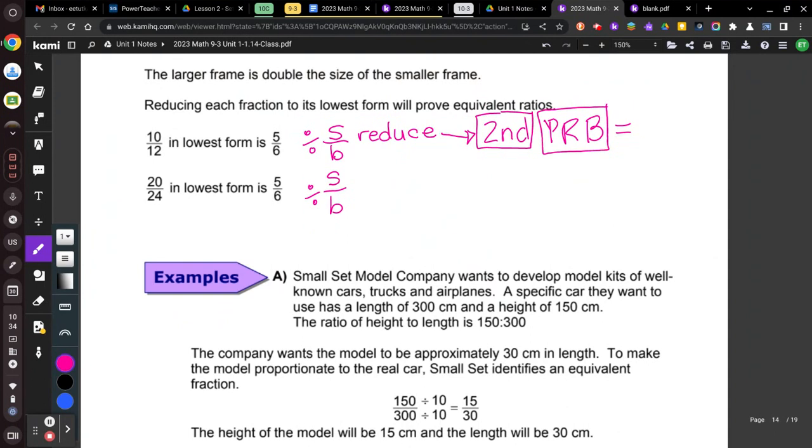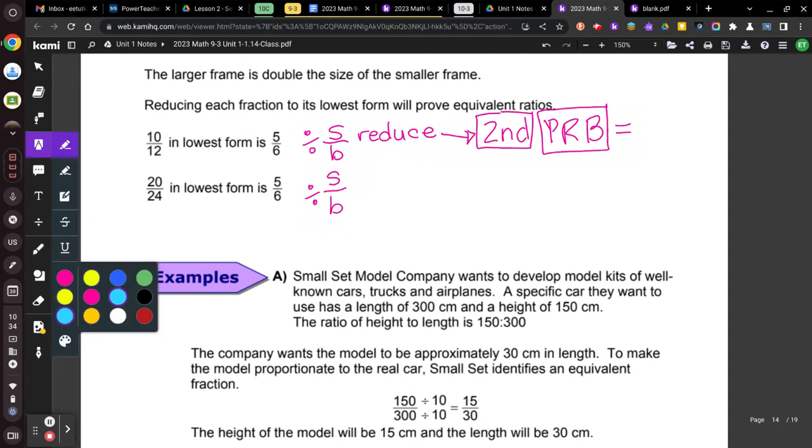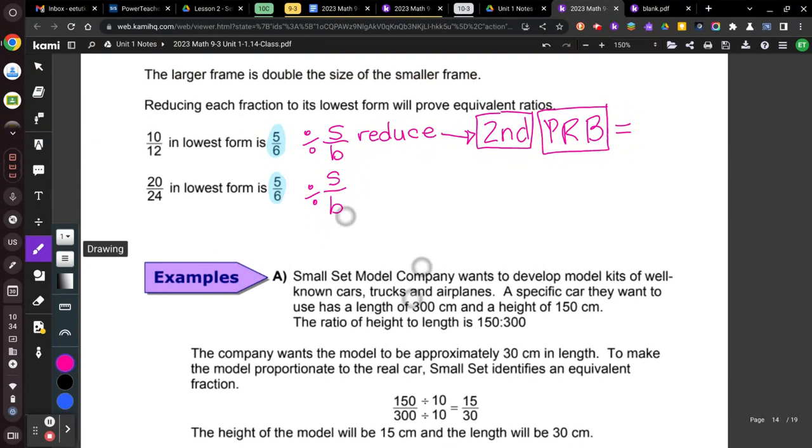If I go 20 divide 24, second PRB, I get 5 over 6. So this is what we're trying to do, is we're trying to match our lowest form. So these guys match. Okay, those lowest forms, what I highlighted in blue, those match.